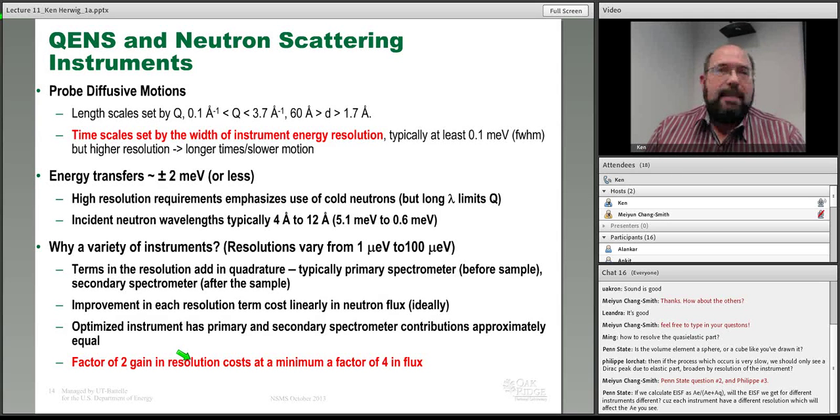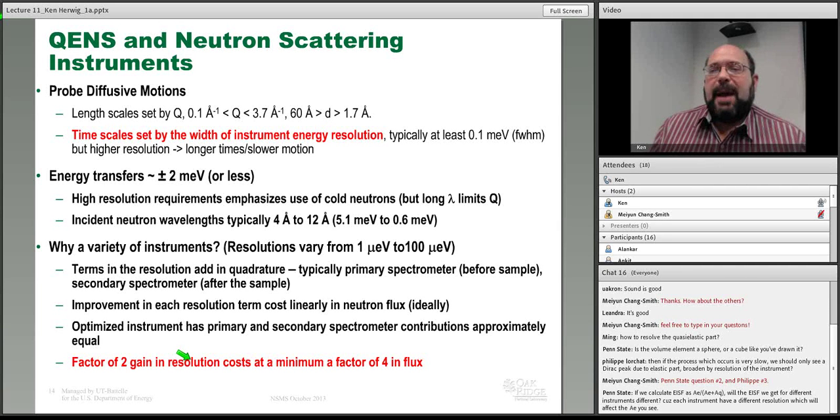So you can imagine if you have a very, very fast process that a 100 micro-electron volt resolution instrument is sufficient for, you don't want to pay a factor of 10,000 penalty in your ability to make that measurement by using a 1 micro-electron volt resolution instrument.